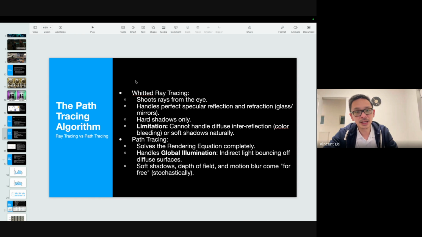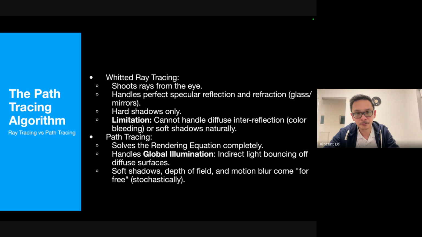The key example here is that in ray tracing, they are shooting the ray from the eye. This is just to showcase the difference as we move into the path tracing algorithm. Sorry. I just want to make some distinction between ray tracing and path tracing.